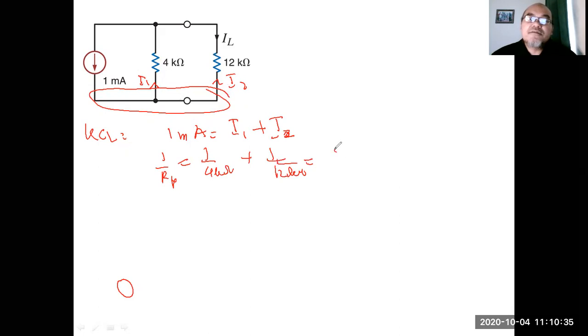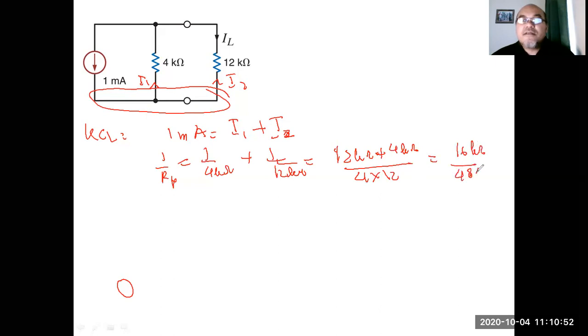So this equals 12 kilo ohm plus 4 kilo ohm divided by 4 times 12, which is 16 kilo ohm divided by 48 kilo ohm, equals one third. So Rp equals 3 kilo ohm.